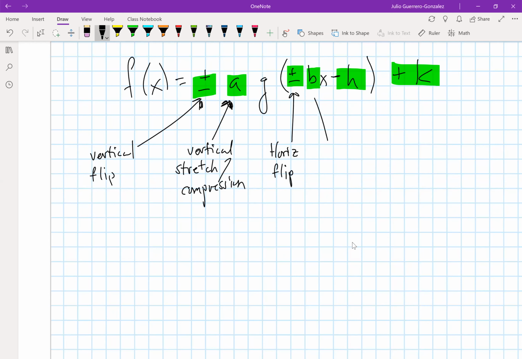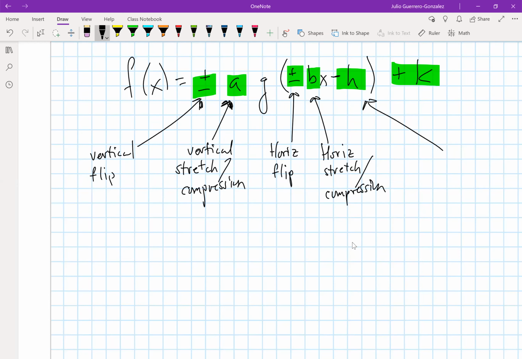The B. Was that the horizontal or vertical stretch or compression? Right. The H. What did the H do? Oh, wait. That was go left or right.